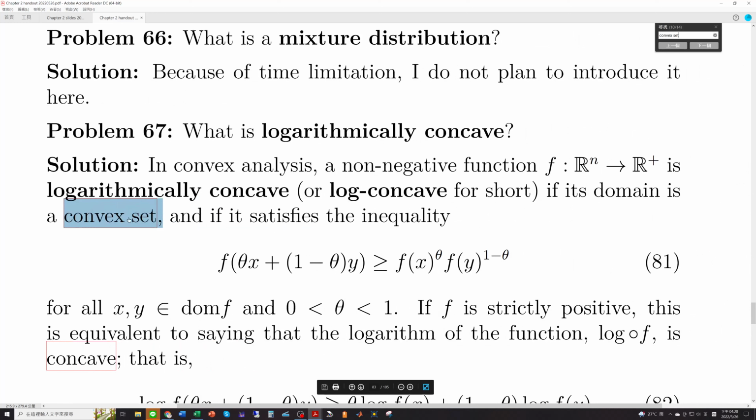A convex set, and it satisfies the inequality f of theta x plus 1 minus theta y is greater than or equal to f of x to the power of theta times f of y to the power of 1 minus theta, for all x, y in dom f. What is dom f?